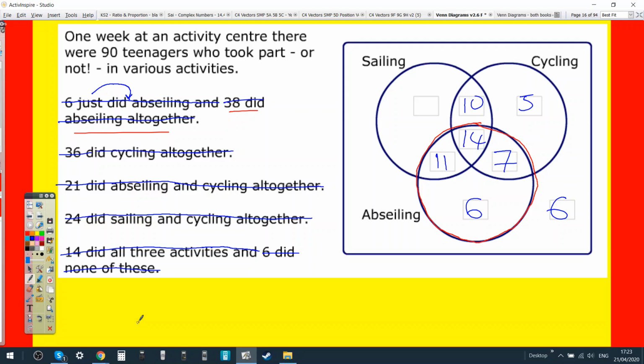And what would you do once you add them all up?